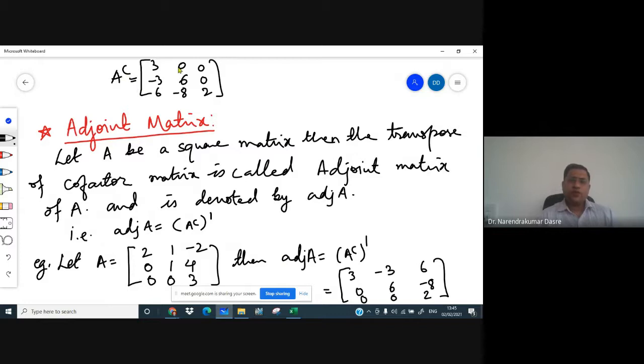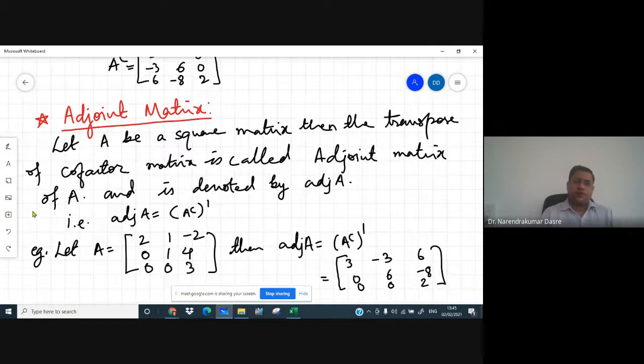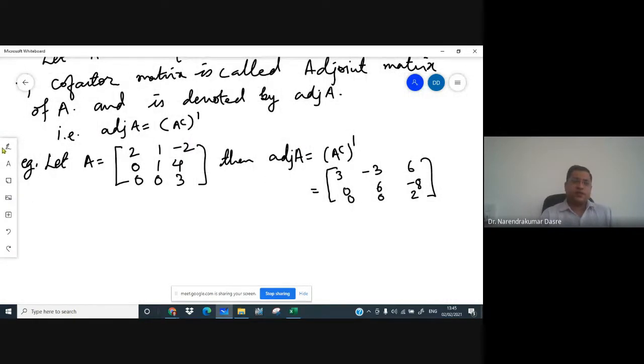So this way we are able to get the adjoint of a matrix.